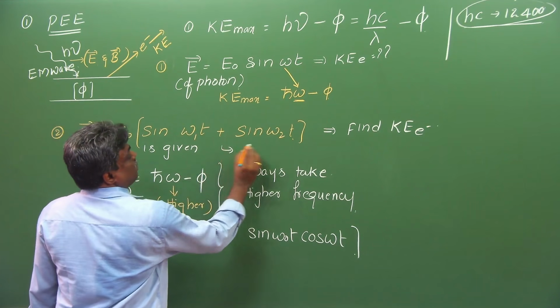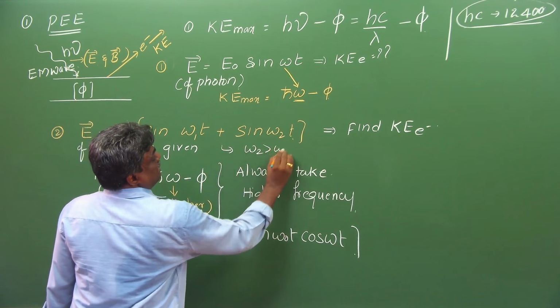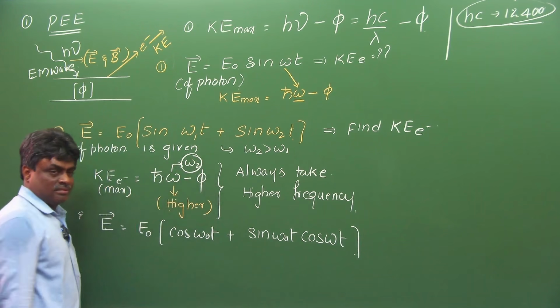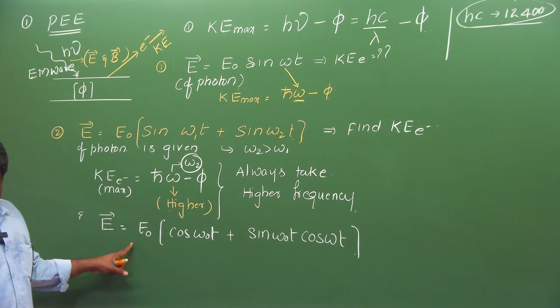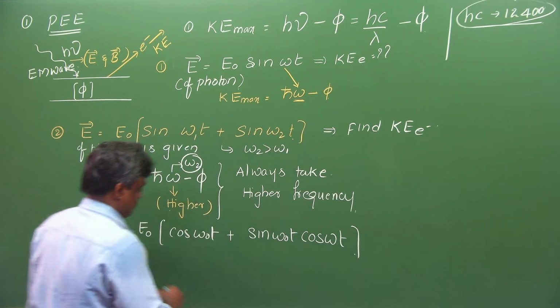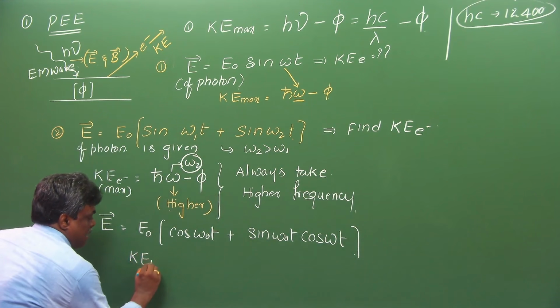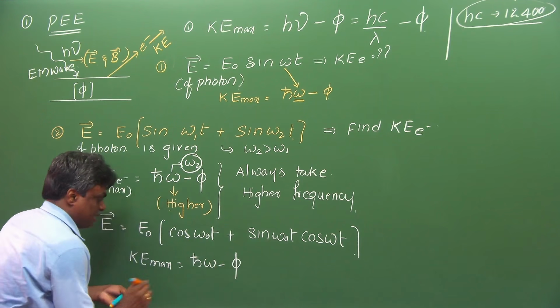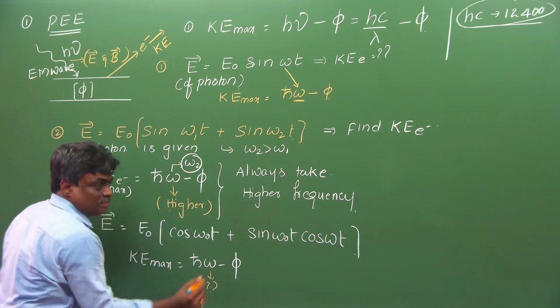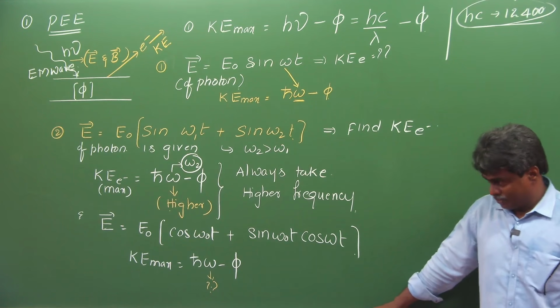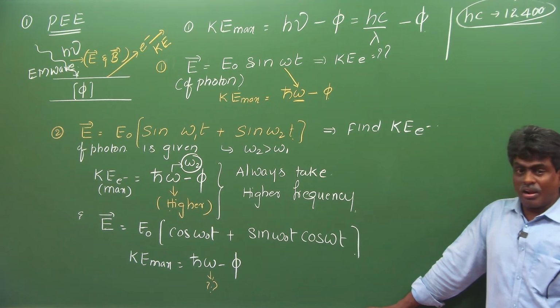Here, for example, if omega 2 is greater than omega 1, then your omega should be the higher one. Now this is your next question. Can anybody tell me what is your omega now? Same formula, KE max equals h cross omega minus the work function. Can anybody tell me what this omega is? Omega naught plus omega.